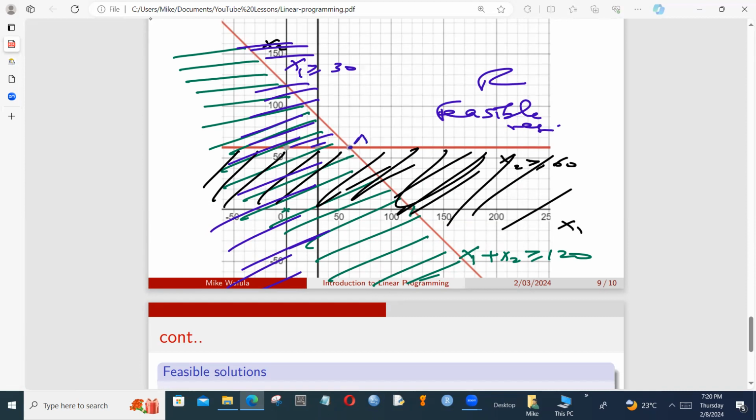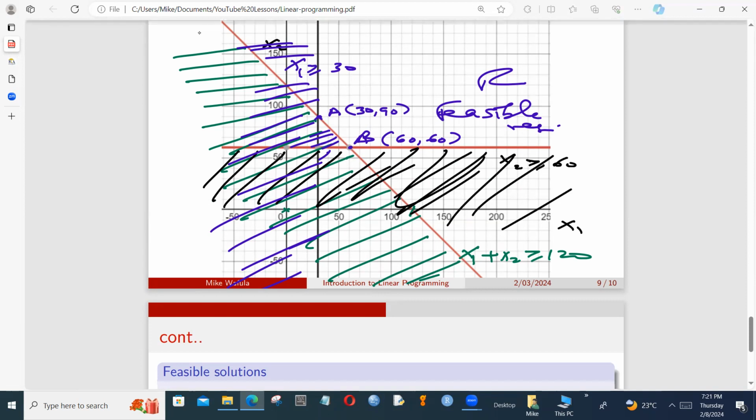These are now the corner points. Call this A, this B. This A is actually point 30, 90. And this B is actually point 60, 60. So those are the only corner points when you look at this representation of the inequalities.